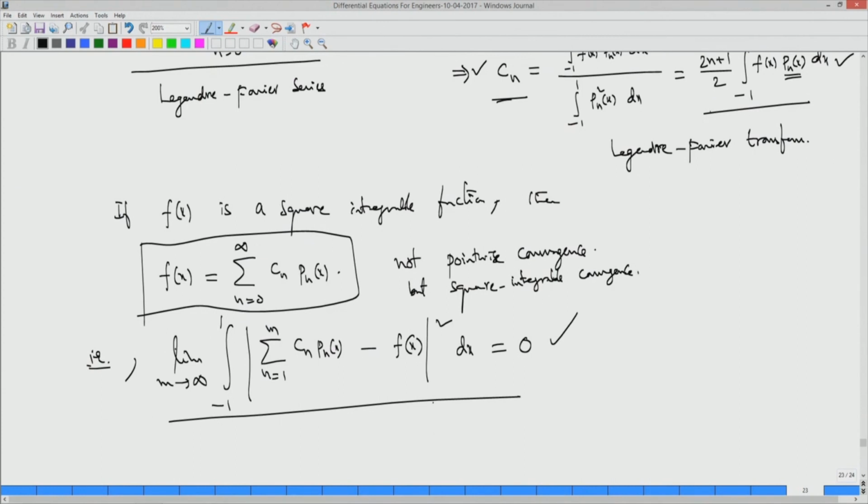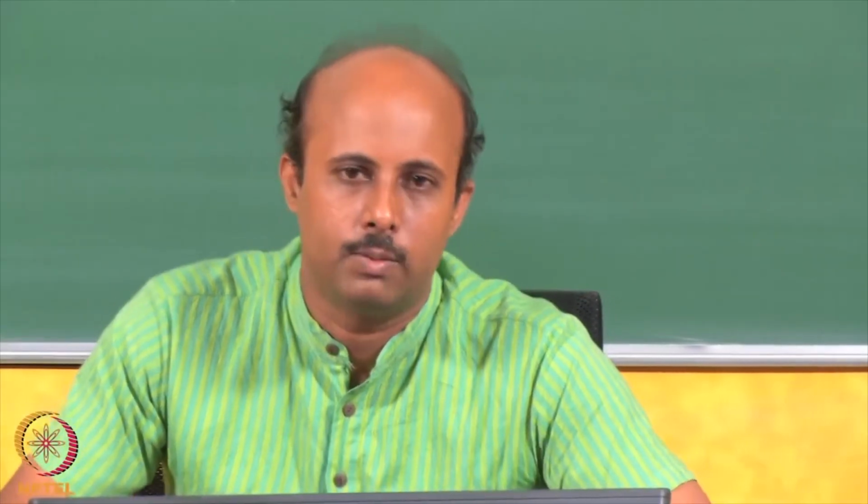This is true even in the regular Sturm-Liouville system and periodic Sturm-Liouville system, which I missed explaining last time. If you take a square integrable function f(x), then this Fourier series still converges to f, but in the square integrable sense. But if you take a piecewise continuous function f(x), this series converges to f(x) pointwise.